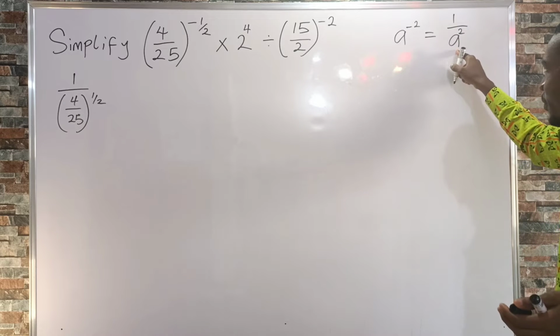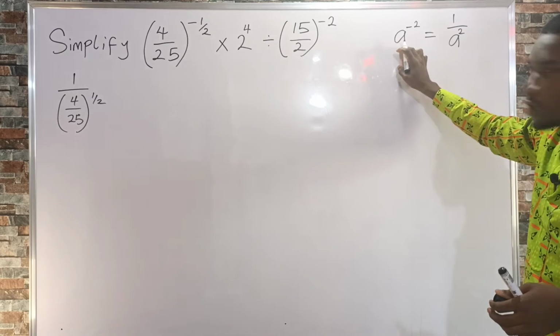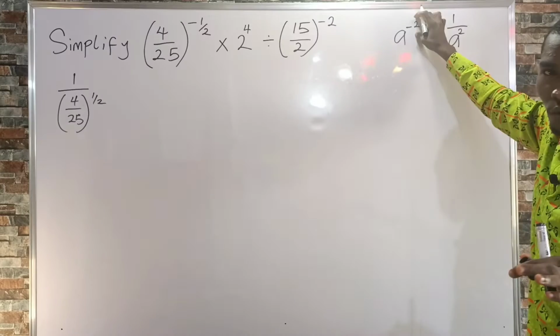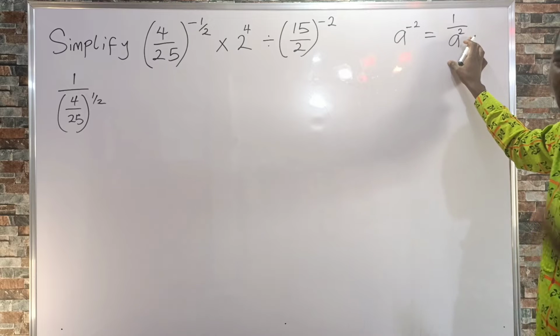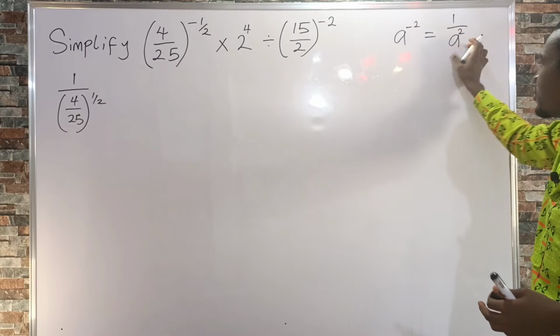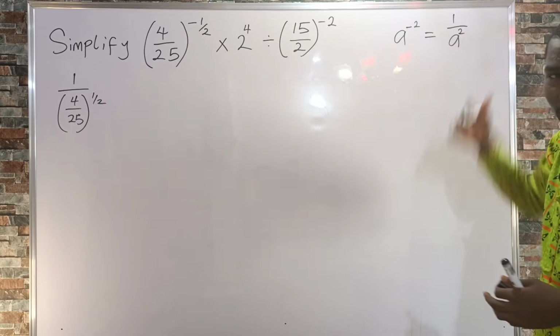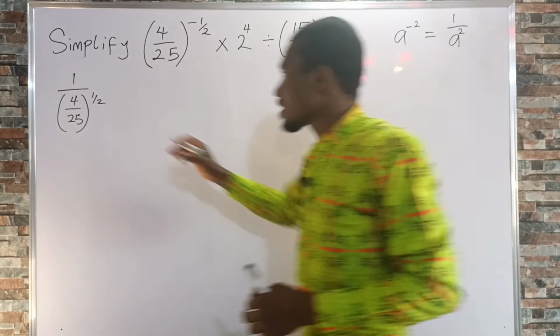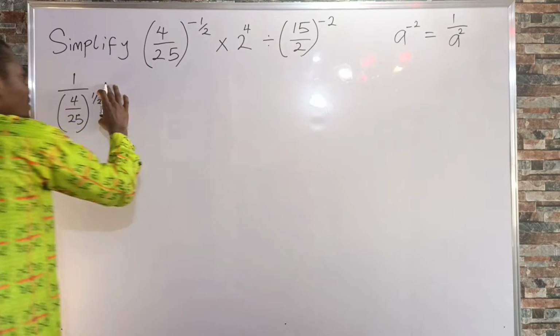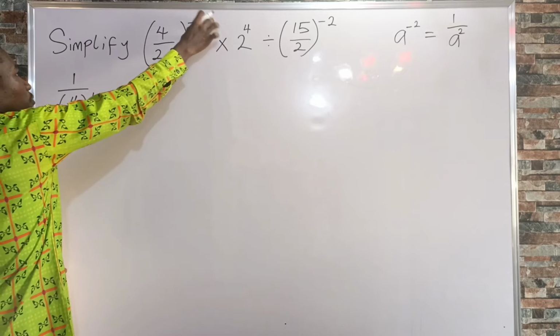That sounds very simple. Whenever you have a base raised to a negative power, just take the reciprocal or the inverse of that base raised to the original power you are given. That is exactly what I applied here. So I have 4 over 25 raised to the power of half.